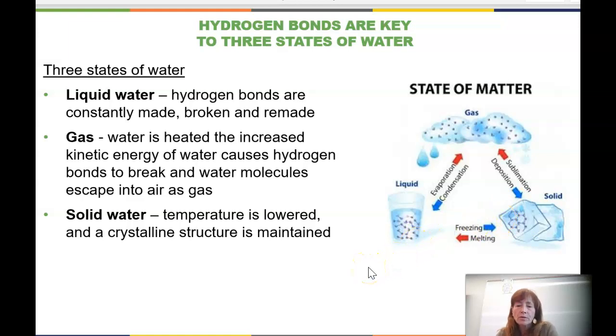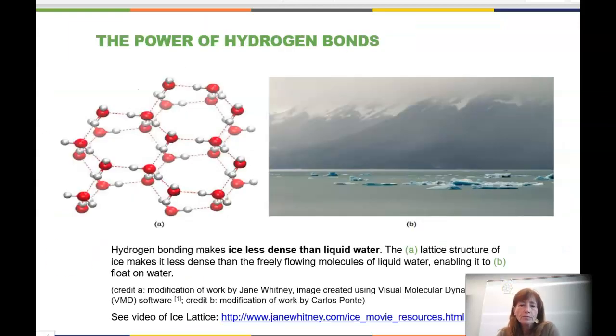So frozen water will float, like ice cubes float in a liquid. That property, especially that it becomes less dense when it's frozen, is going to enable a lot of living things to survive on Earth, because the ice serves as an insulator to organisms that might live below. It also provides a place for certain organisms to live on the ice.